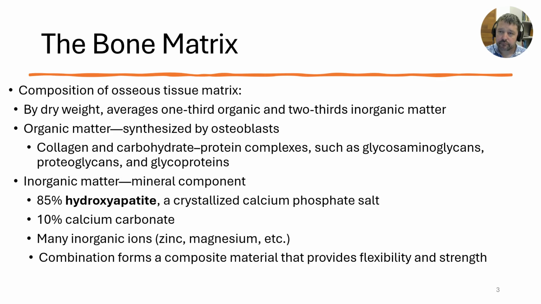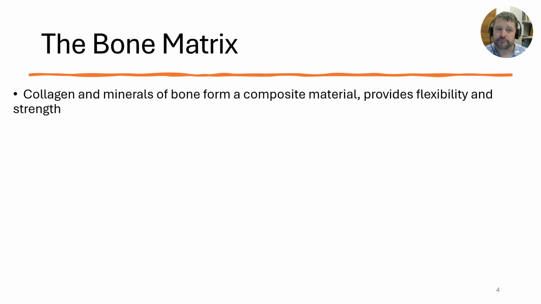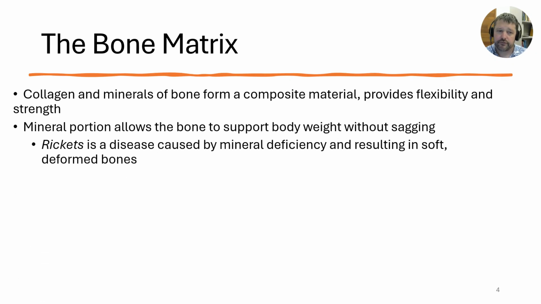The combination of the two, having this organic material and then this hard mineralized material, is what provides flexibility around the bone matrix. And we'll come back and talk about that flexibility. So collagen and minerals, again, provide flexibility and strength.